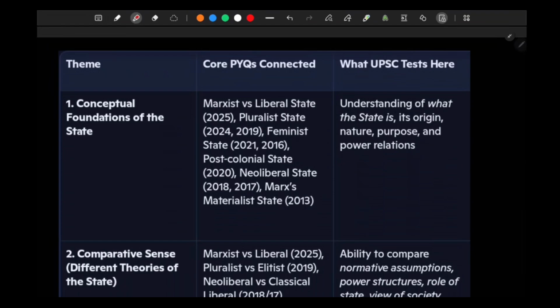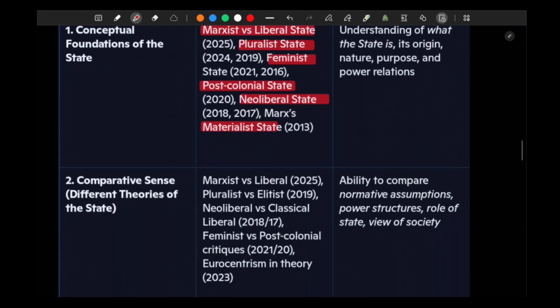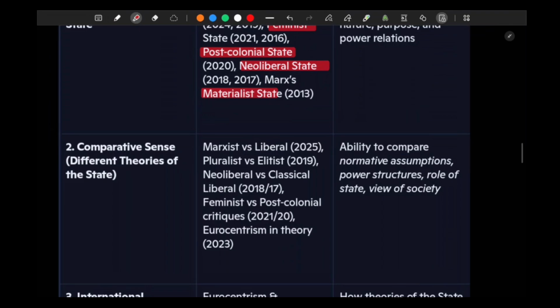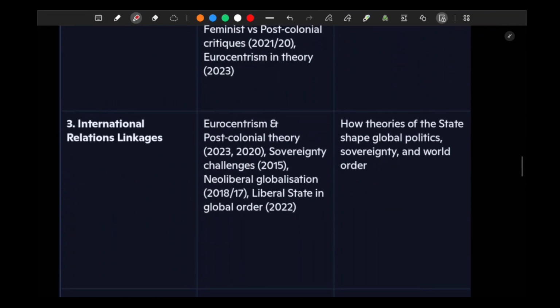Then again, Marxist and liberal state, pluralist state, feminist state, post-colonial state, neoliberal state, and the material state of Marx. So understanding what state means in different ideological points of view. Understand what state is and compare and contrast to understand state better.